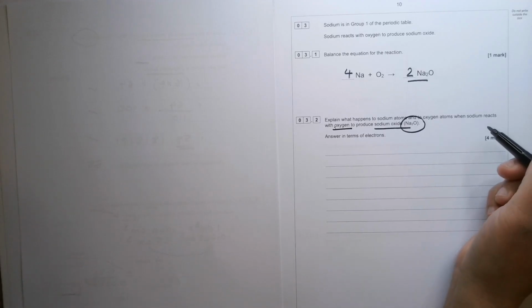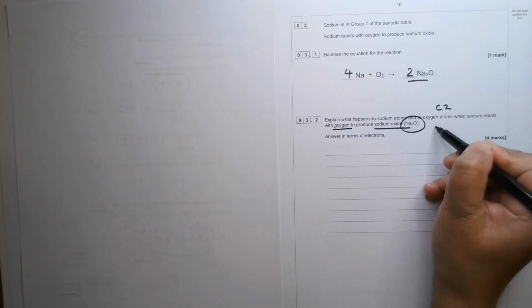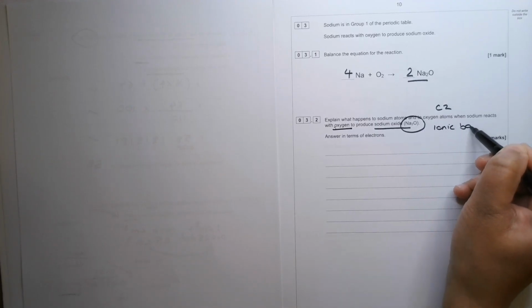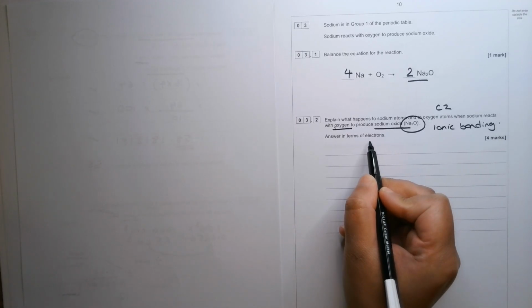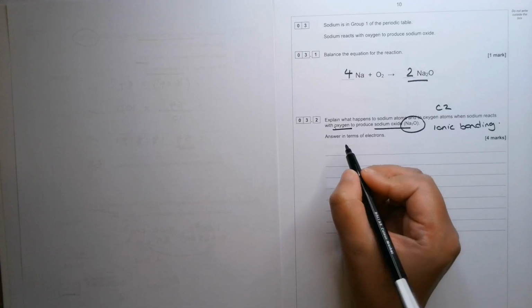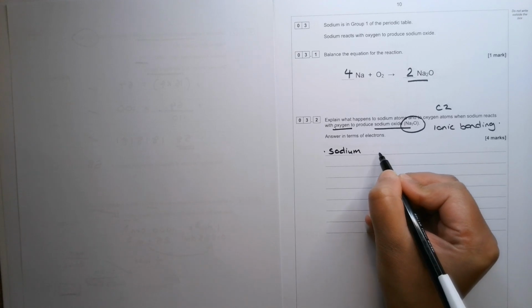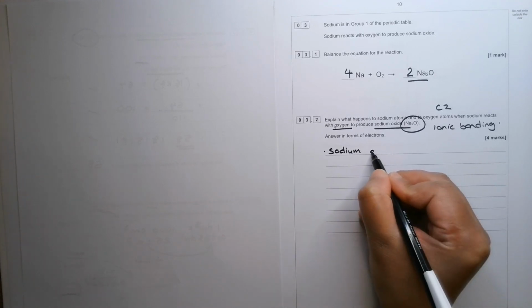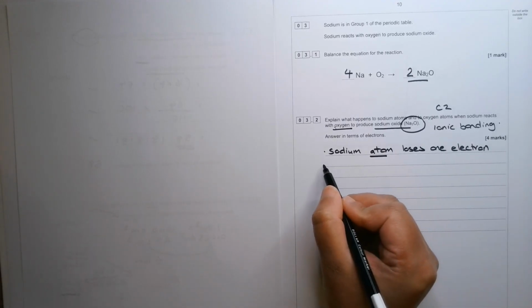Okay, so it's a bonding question, so C2, and metal, non-metal, so I know it's ionic bonding. So now I'm going to write about electrons and how this bonding occurs. So we know metals lose electrons. So sodium atom, you must say atom and not just sodium, loses 1 electron. Oxygen is in group 6.